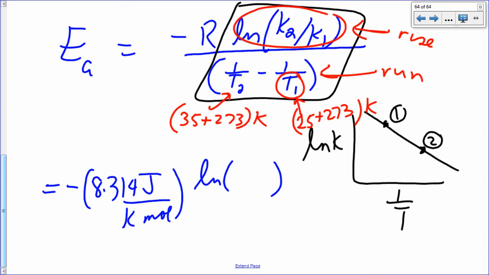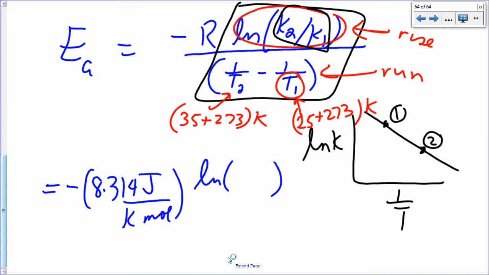If T2 is the higher temperature, k2 would be the bigger number. And what did we say? Typically, you go up by 10 degrees, your rate doubles. So what would be the ratio of k2 over k1?